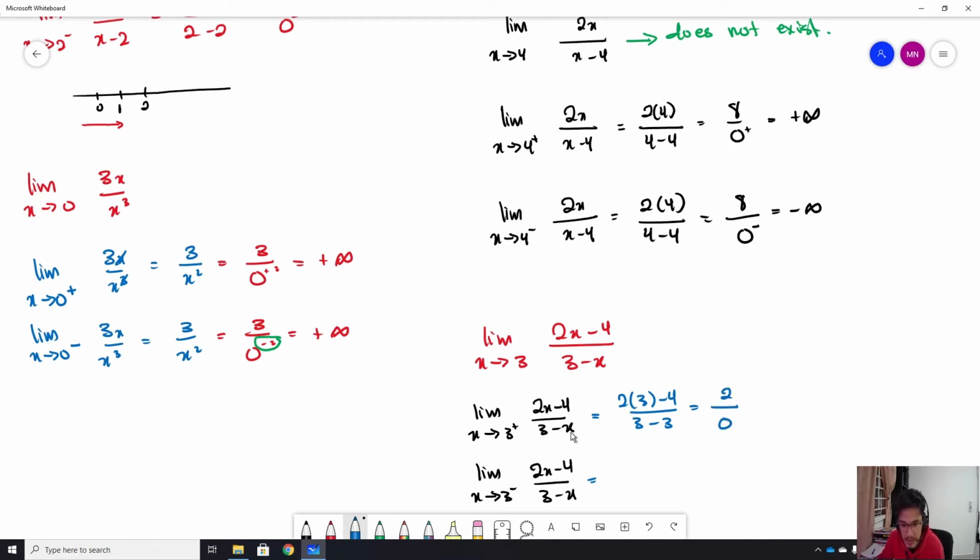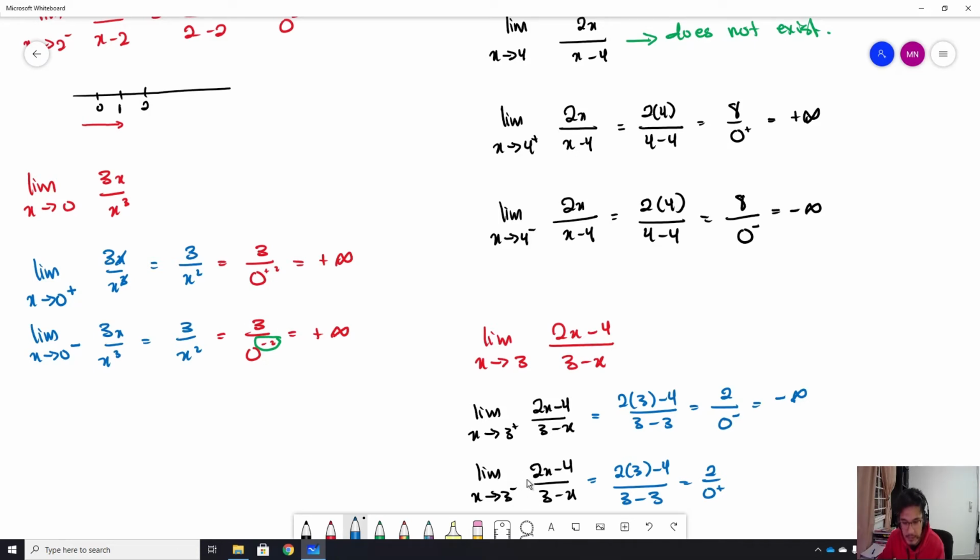But because the 0 is from 3 minus x, with 3 minus any number that is bigger than 3, we will get a negative 0. So this will be negative infinity. For the other one, 2 times 3 minus 4 over 3 minus 3 equals 2 over positive 0, because this limit x is approaching 3 from the left side.